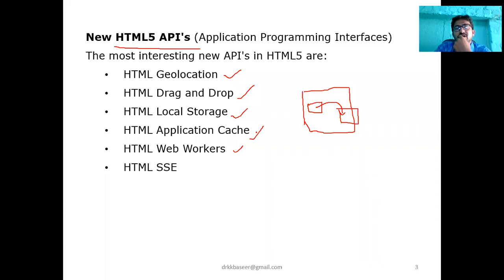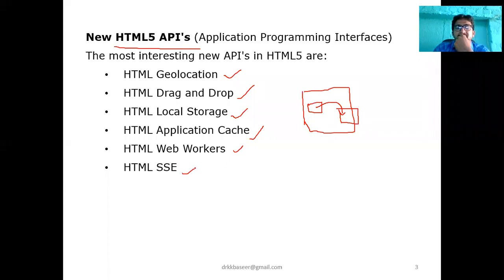It will not directly download the total file, maybe a wave file or mp4 file, into your mobile or laptop. It loads only the application caches required to run that application. And web workers are also a very excellent concept. We have that concept in the syllabus, we'll look into that.